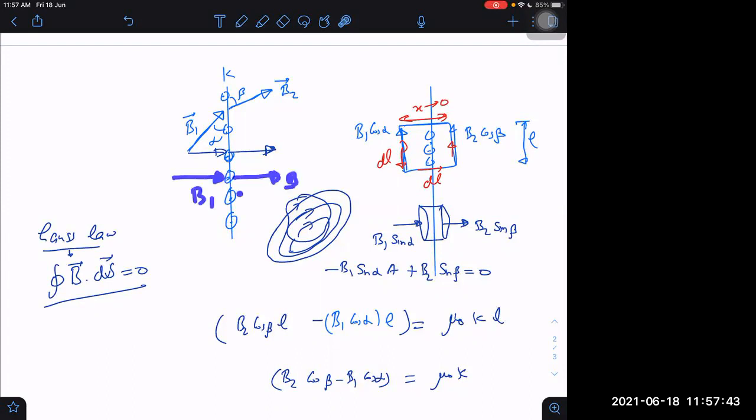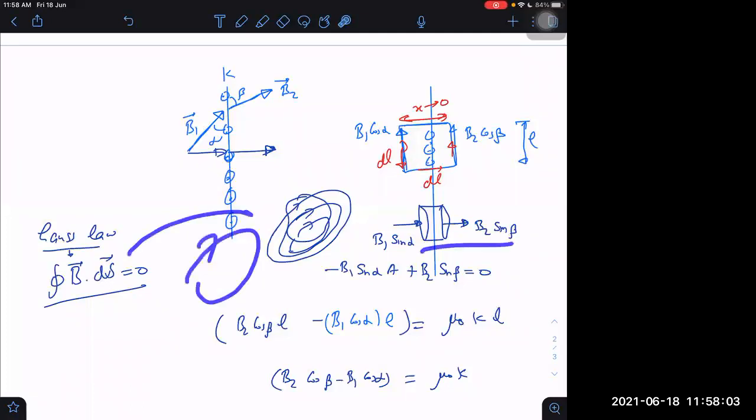If that happens, then it appears that there is a monopole here, in which the magnetic field lines can just terminate. But there are no such monopoles existing, so magnetic field lines cannot terminate anywhere. So this will be continuous only. Or if you are not understanding in that way, you can understand that the magnetic field lines will always be in closed loops, or B dot ds should be 0.